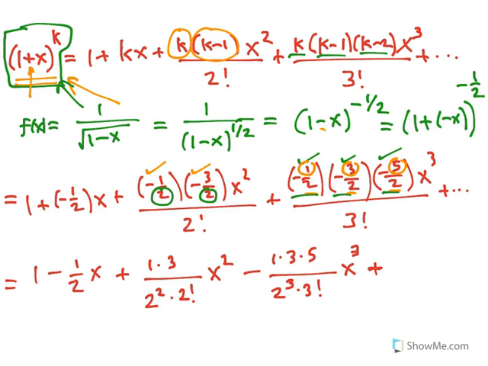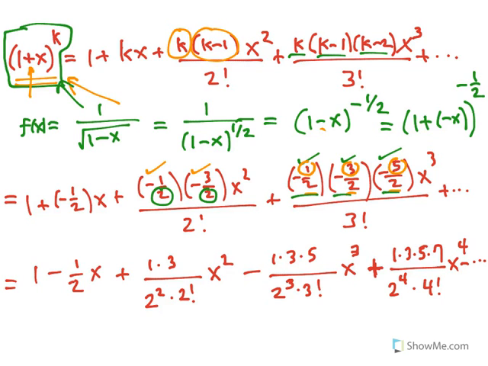So when I multiply them, I get a positive term. And then I have in the numerator 1 times 3 times 5 times 7. And I will have 4 factors of 2 multiplied by the reciprocal of 4 factorial. And then that would be x to the 4th. So that pattern continues, similar to what we saw yesterday.